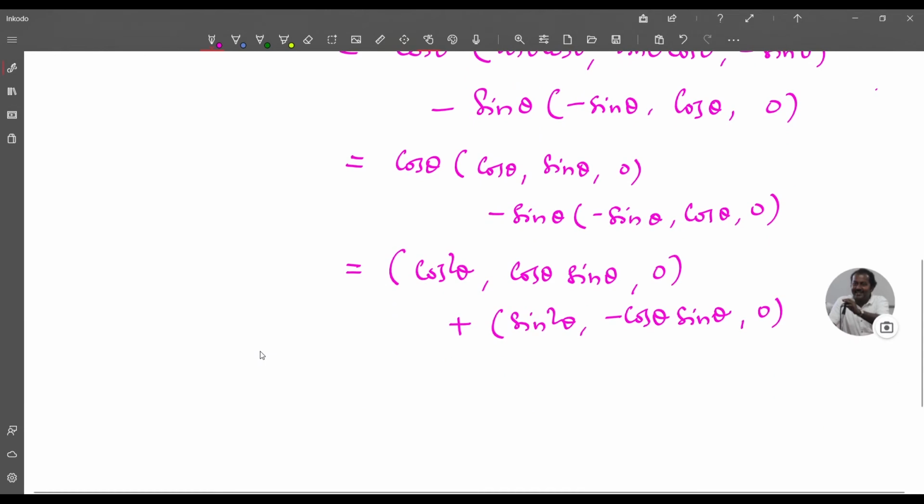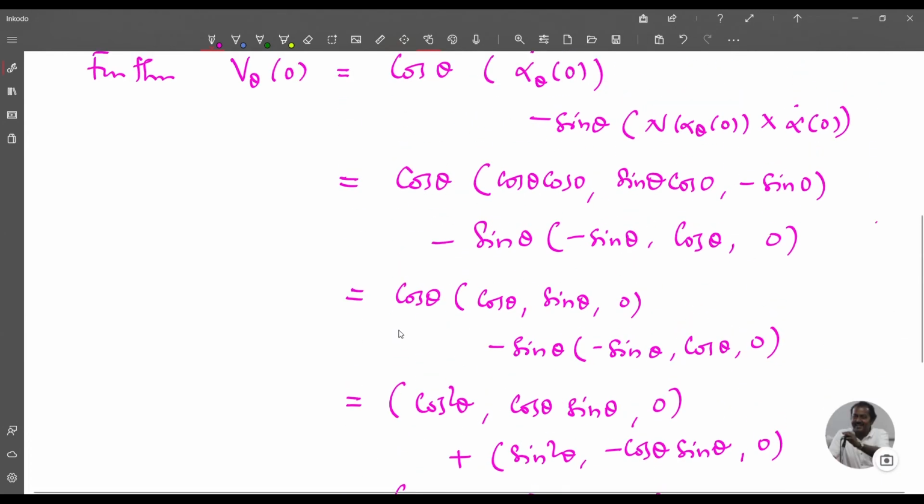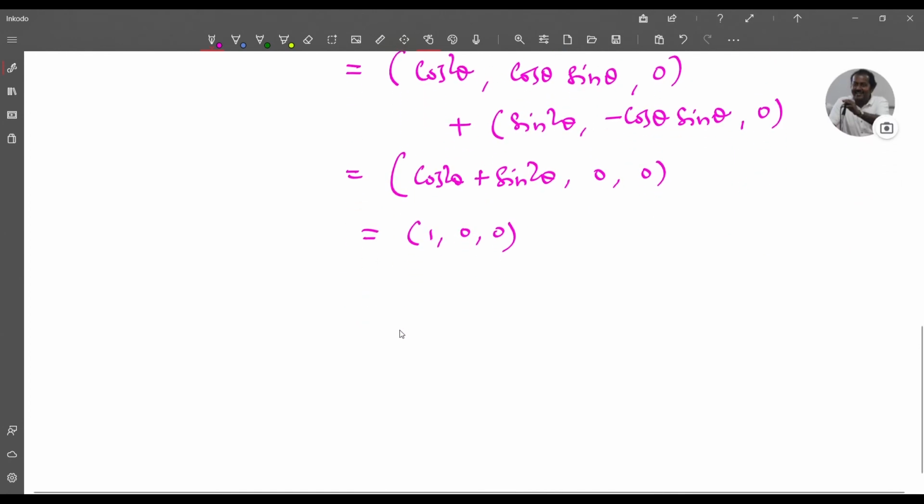So you are getting this as cos square theta plus sin square theta, 0, 0. So this is 1 0 0. So you have v theta of 0 is the vector 1 0 0.